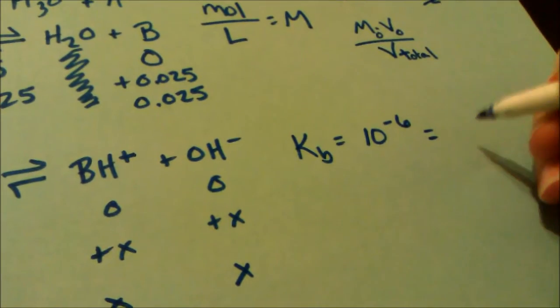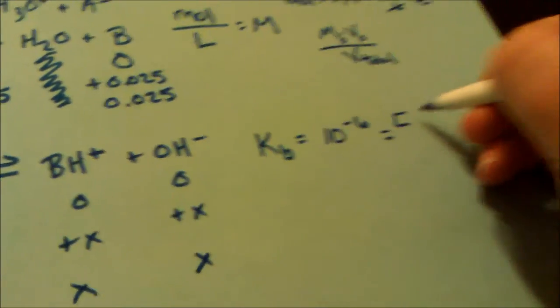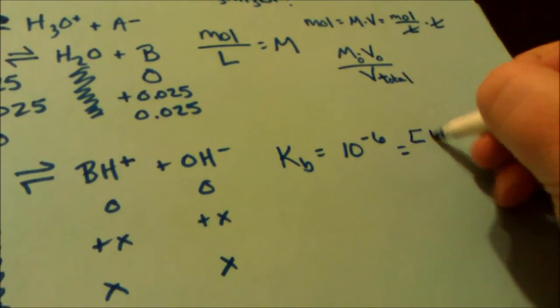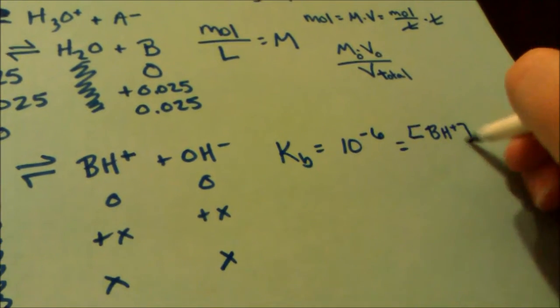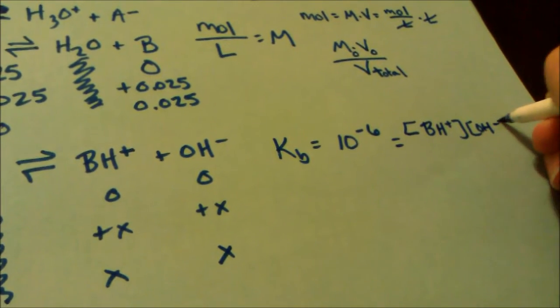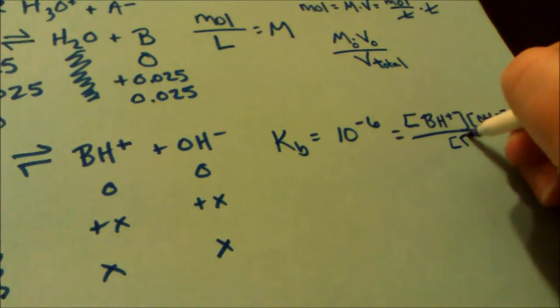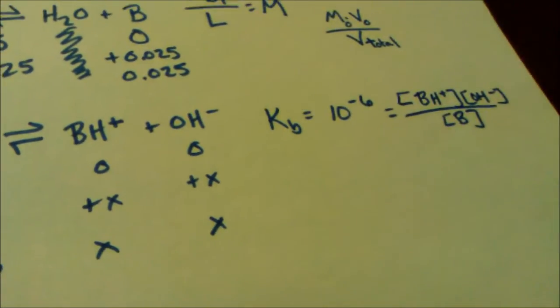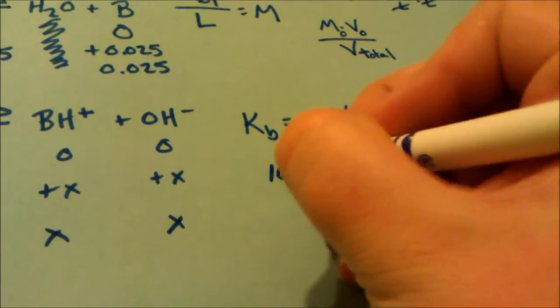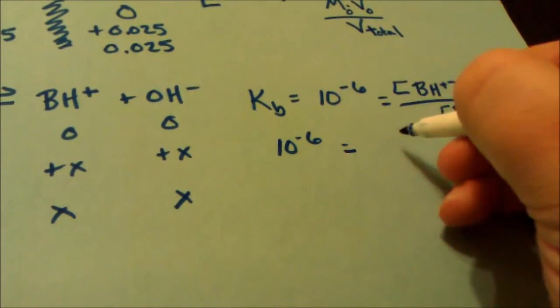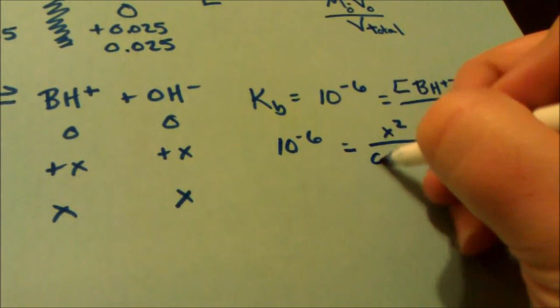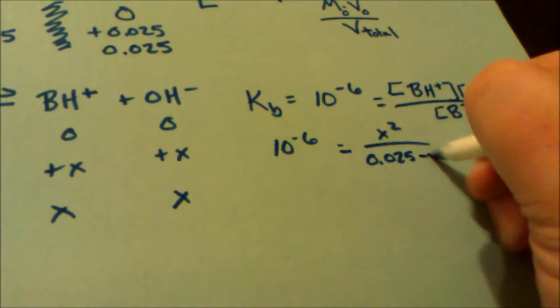And we know that from our equilibrium constant expression, this is equal to BH plus times our hydroxide ions divided by our weak base. So 10 to the negative 6 is equal to x squared over 0.025 minus x.